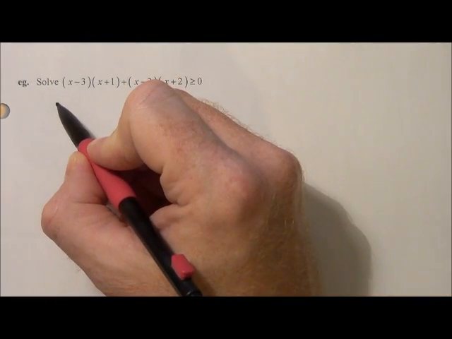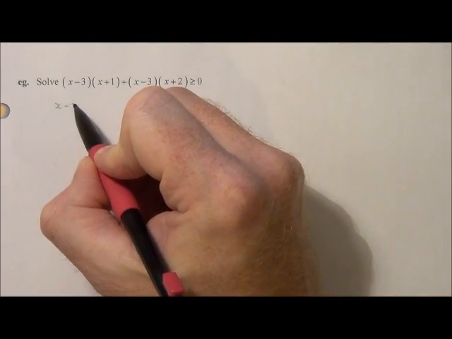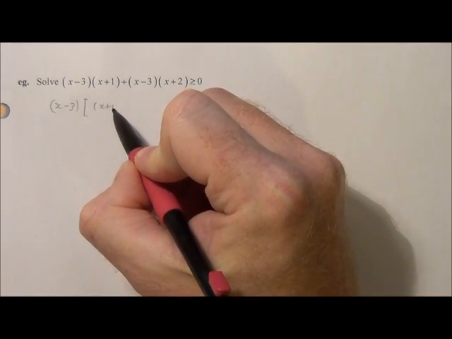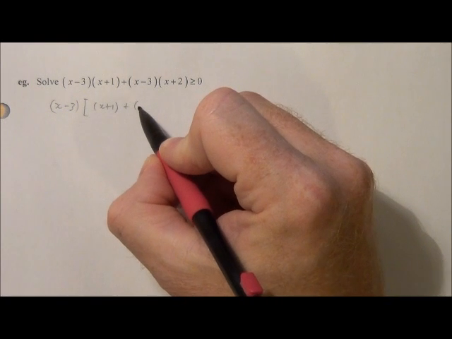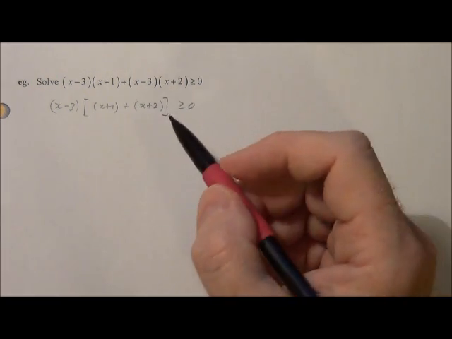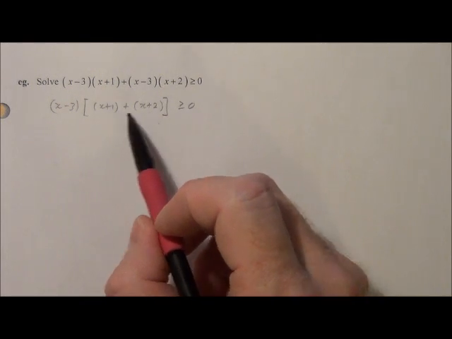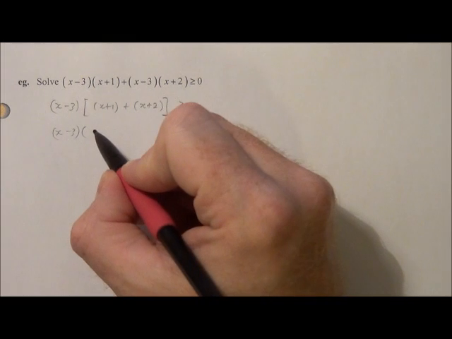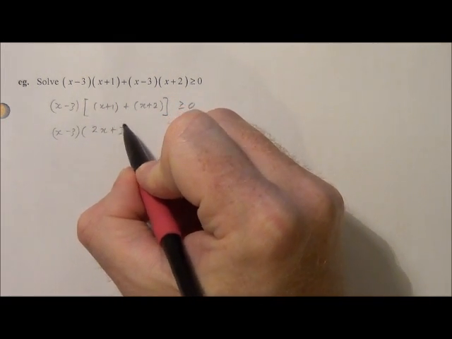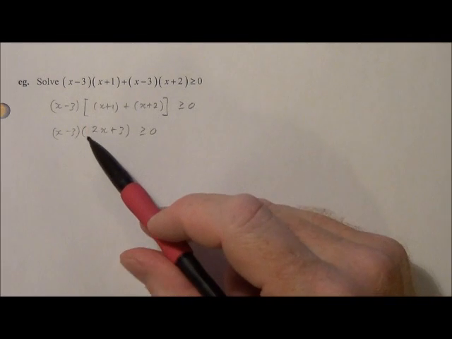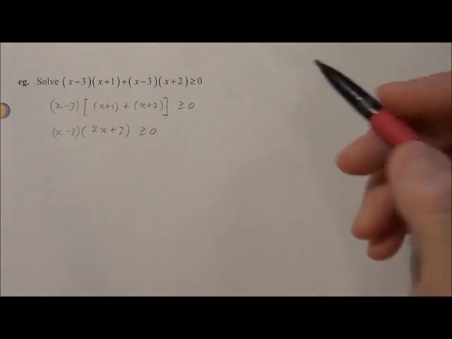So if I were to factor out x minus 3 from both terms, then I would get x plus 1 remaining, and I would also get x plus 2 remaining. Then I would simplify inside the brackets, and that would give me 2x plus 3. Then it would be a simple matter of finding the roots from that.